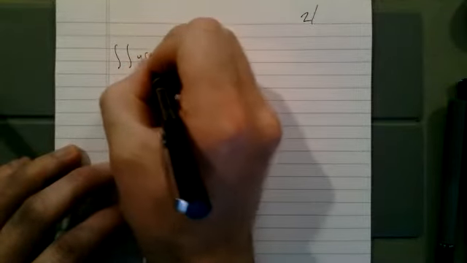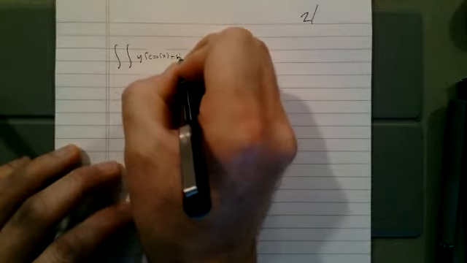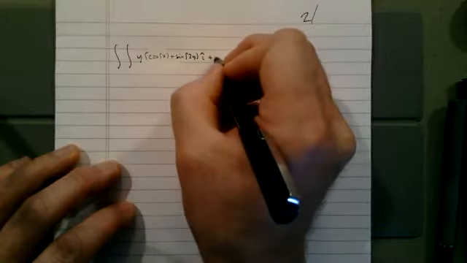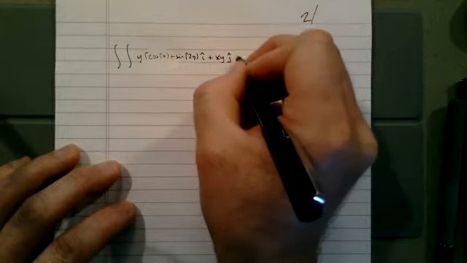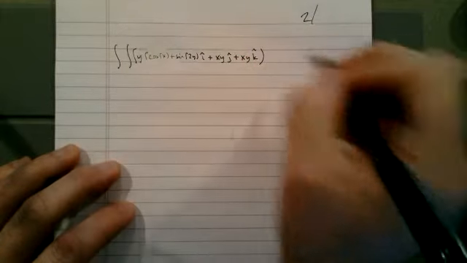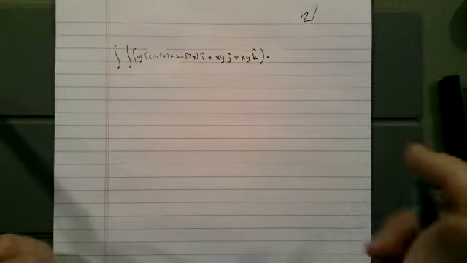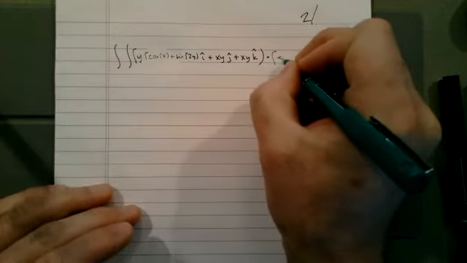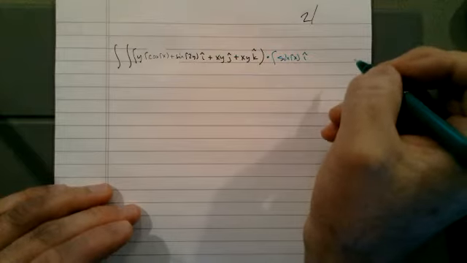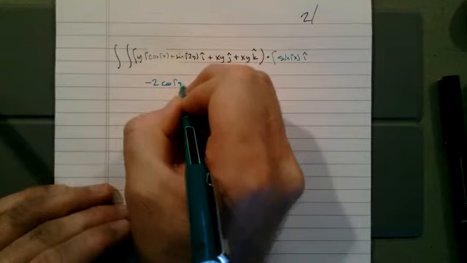So it's going to be y times cosine x plus sine of 2y, all times i, plus xy times j plus xy times k, dot dA. So this is the dot product with the sine x, minus 2 cosine of 2y times j.